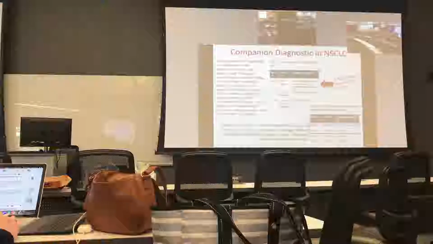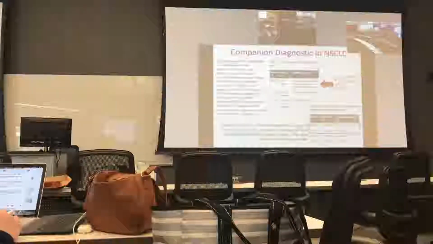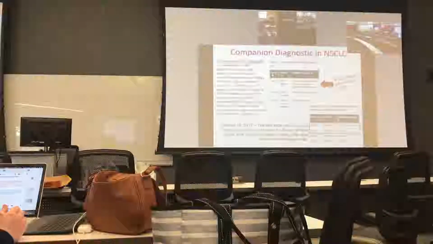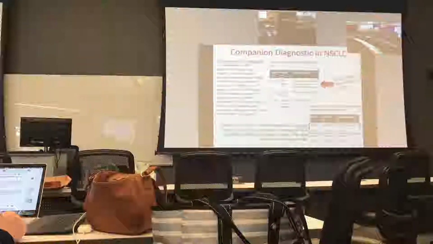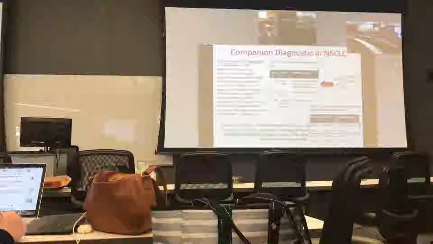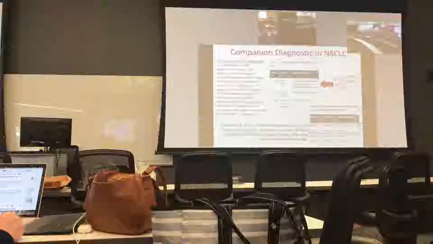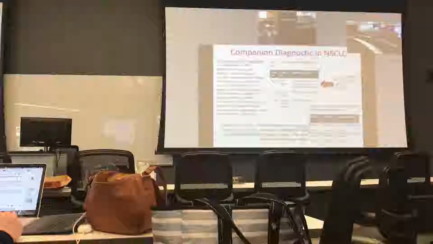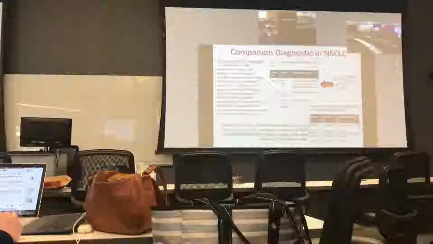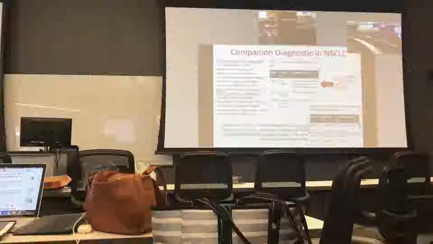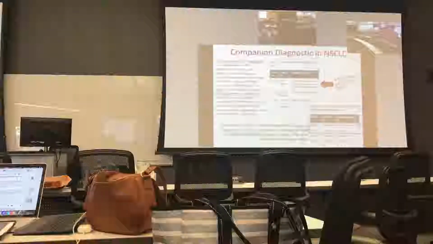So one example here is the Oncomine Dx Target Test. This is a qualitative in vitro diagnostic test that uses targeted high throughput parallel sequencing technology to detect SNPs, so a single nucleotide polymorphism or variant, and deletions in 23 genes from DNA and fusions in ROS1, which you're only going to see in like 2 to 4% of non-small cell lung cancers.